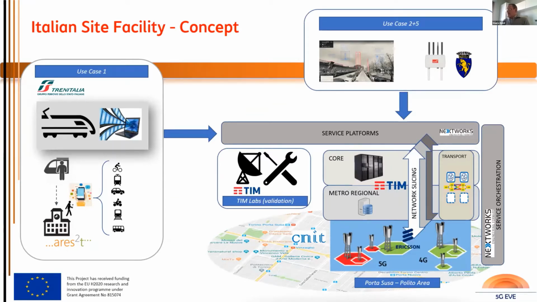Finally, the Italian site facility is based in Turin, in Telecom Italia labs. It's in cooperation with some partners like Municipality of Turin, Ericsson Italy, RS2T, and so on. It's also one very important implementation because of 2 reasons.